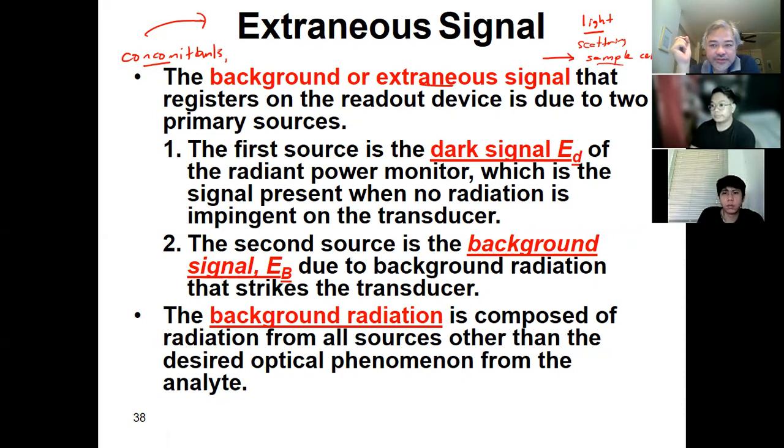So you usually get two signals when you do this spectrochemical analysis, the extraneous signal and the analytical signal. In the extraneous signal, you have two primary sources. The first one is the so-called dark signal.